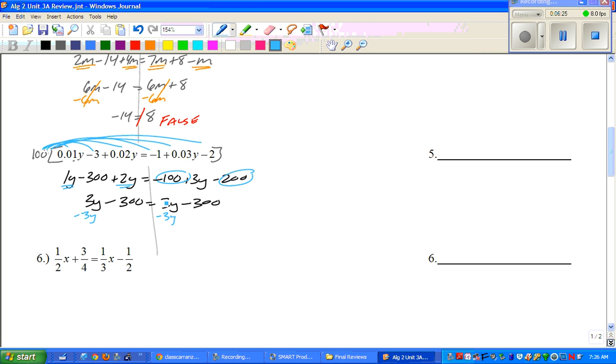Subtract the 3y to both sides. And whoa, both of those cancel. Negative 300 equals negative 300. That's a true statement. So when that happens, our answer is infinite solutions.